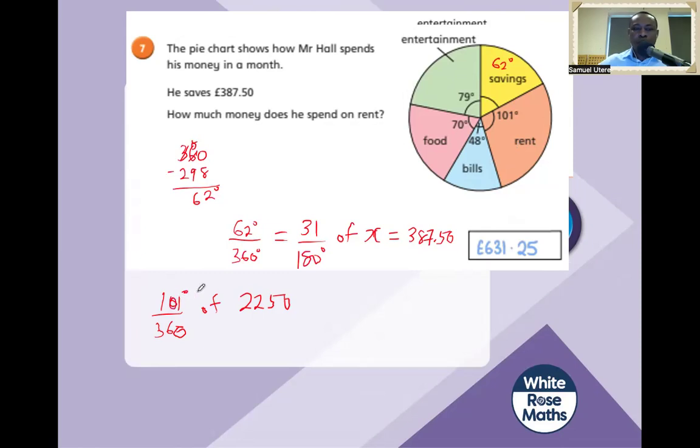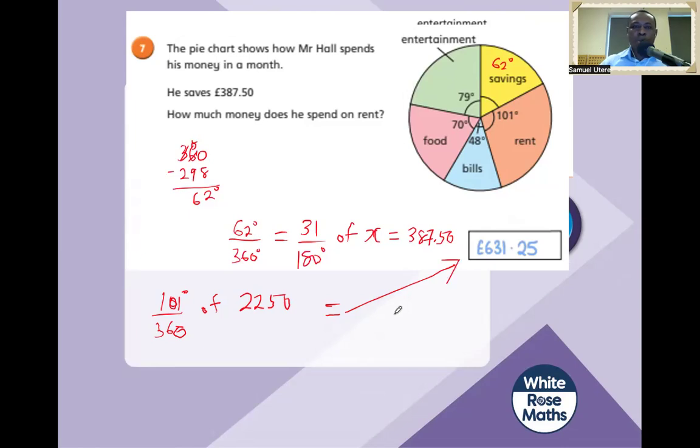To do that, you simply do 101 times 2,250 divided by 360. And you would see that you will get £631.25, which is this amount here.